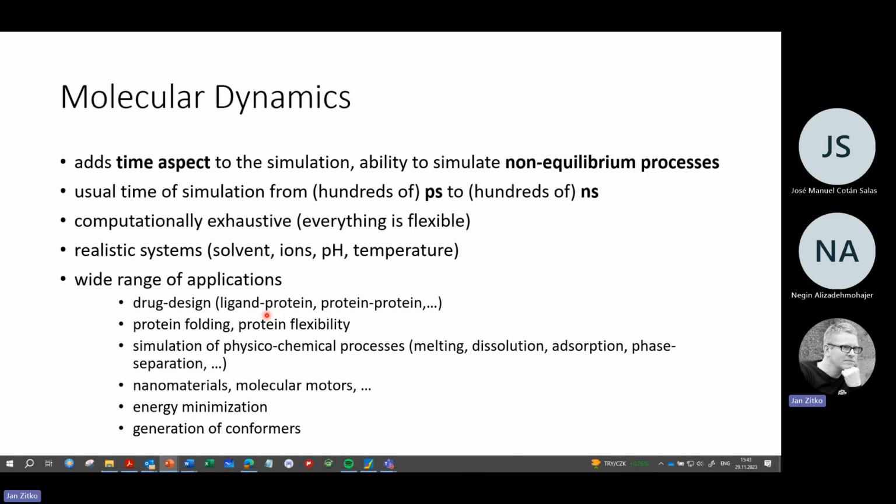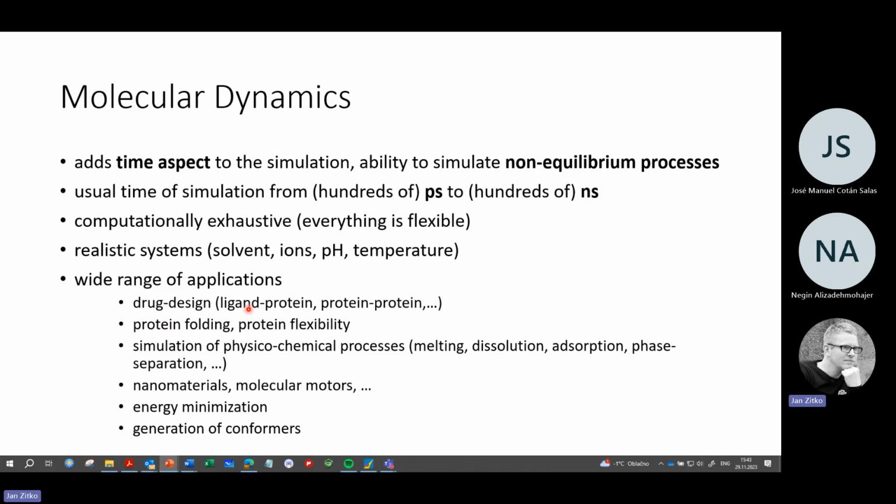You can just reverse the process and evaluate how much force you need to apply to the ligand to make it go away from the binding site, and from that you can tell something about the ligand-protein affinity. If you need a bigger force, it means that the affinity of the ligand to the protein, to the binding site, is quite high.